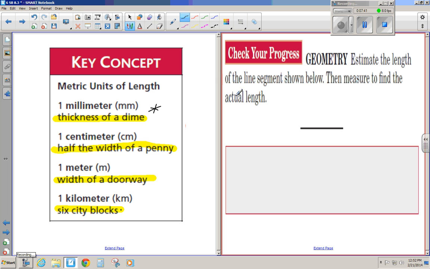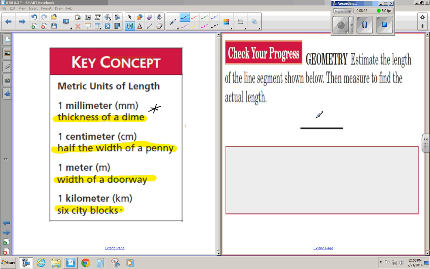All right, take a look at geometry. Estimate the length of a line segment shown below. Then measure to find the actual length. So you're going to look at this in your note-taking guides, estimate it, and then measure it using the metric system. So pause the video and give it a try. All right, I looked at this line and compared it to the pecan from before, and they were quite similar.